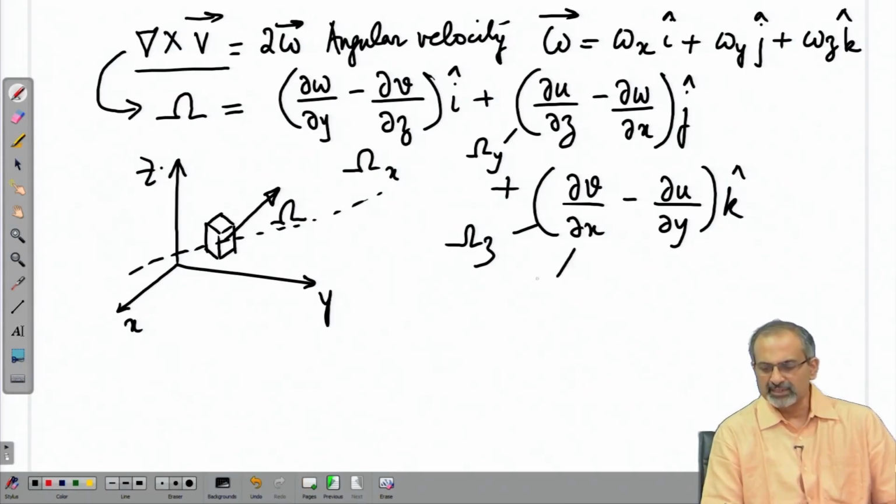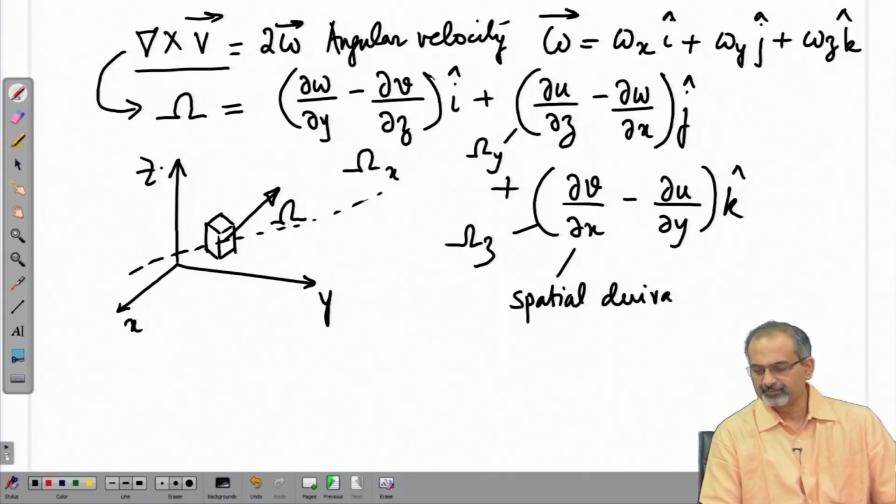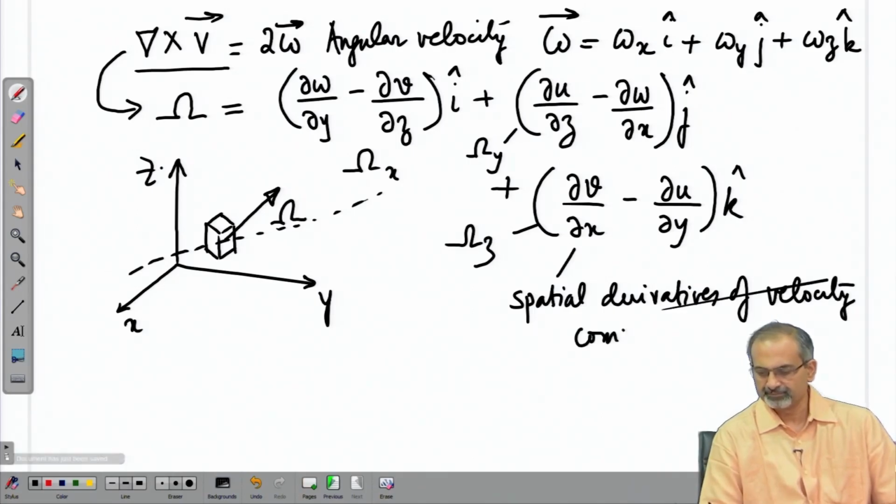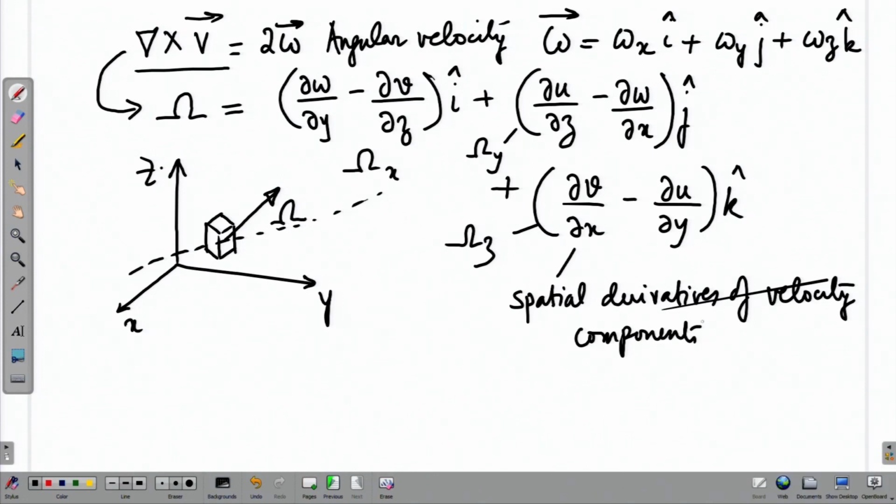So, here what you see is spatial derivatives of velocity components which form the different components of omega, whether you are talking about the lower case omega which stands for angular velocity, or the capital omega which stands for the curl of the velocity.